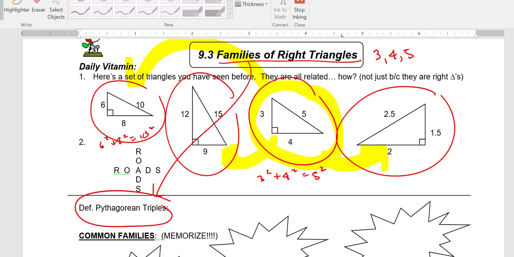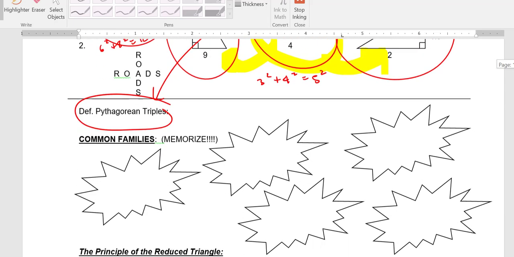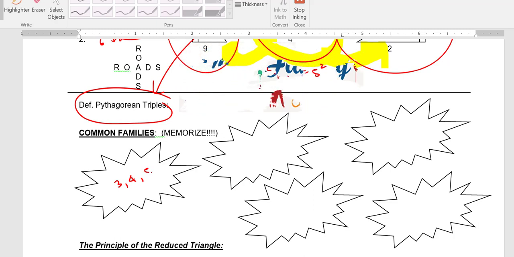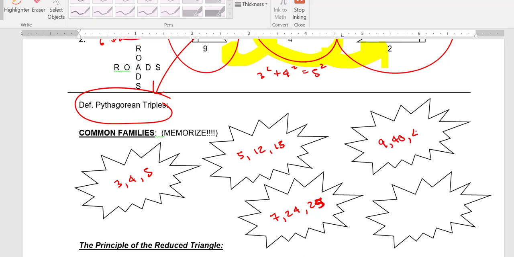There are a number of triples that are useful to know, and in particular, you should memorize. For example, 3, 4, 5 is a common family. 5, 12, 13 is a common family. 7, 24, 25, which we've encountered in some of the previous worksheets, some of the previous videos, is a common family. 9, 40, 41, and then 8, 15, 17.